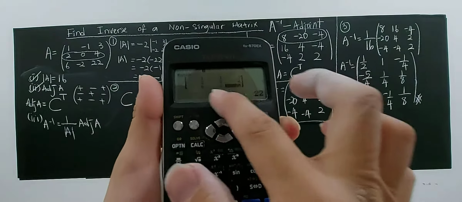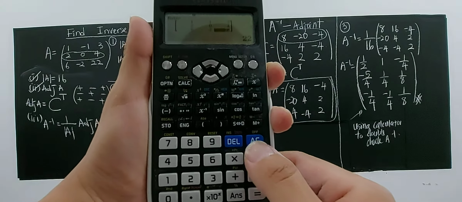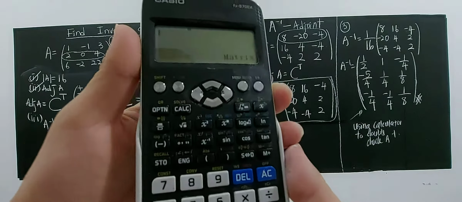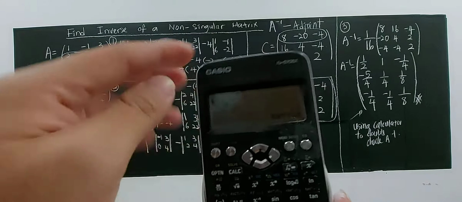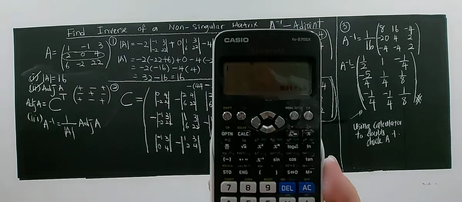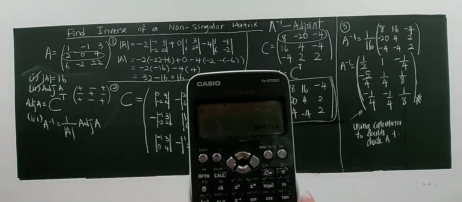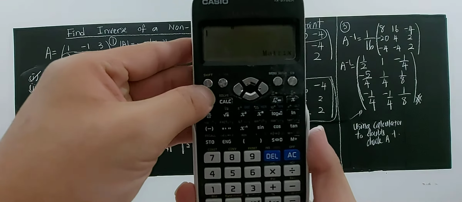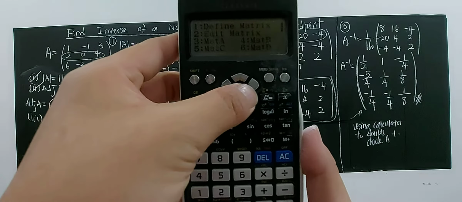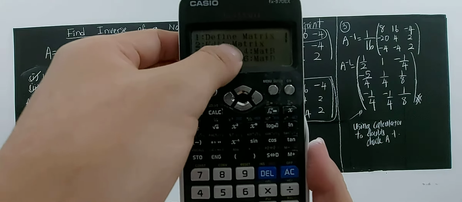Then after you key in everything, you press the button AC. That means it's already inside your calculator. So now you can use this calculator to find the determinant. You also can use it to find the inverse. Okay, this is the way. So you go to the option button. You can see there are many things here, right?